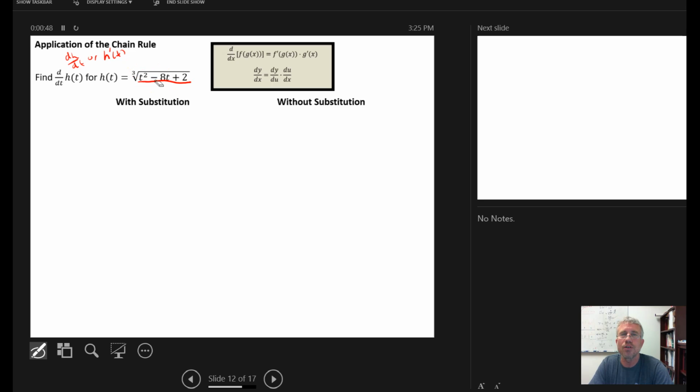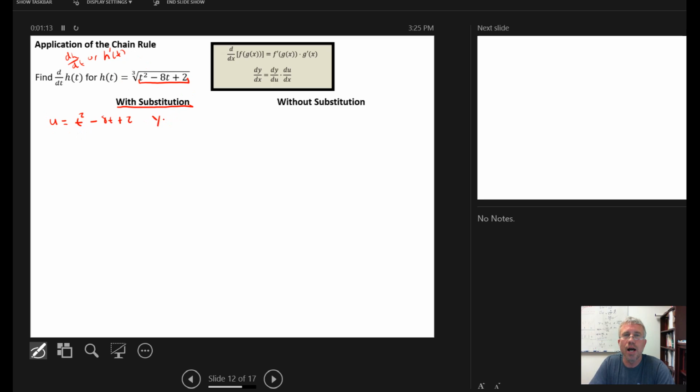So just like the previous video, if we do it with a substitution, we let u equal the innermost function. In this case, we would let u equal t squared minus 8 times t plus 2. And then that would leave us with the cube root function as the outer function.